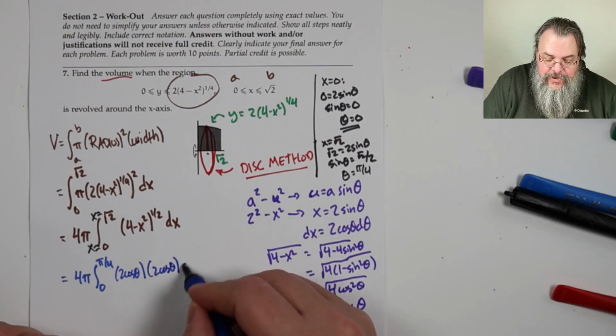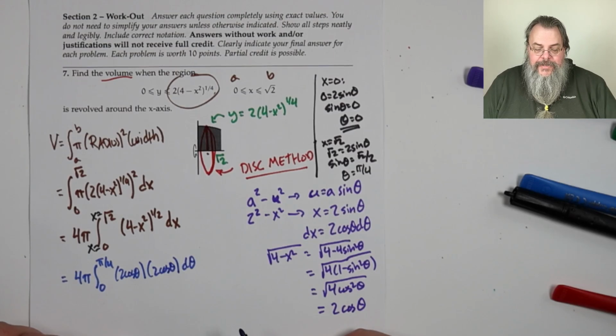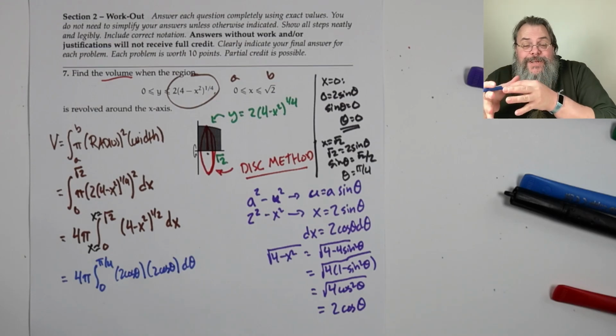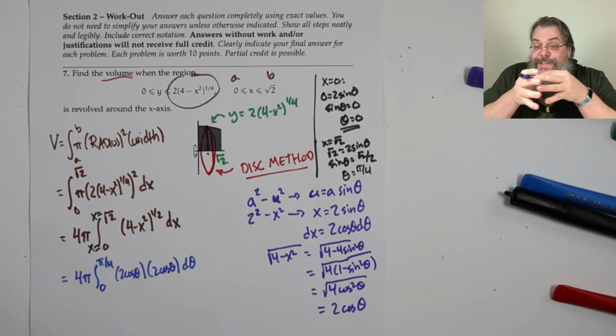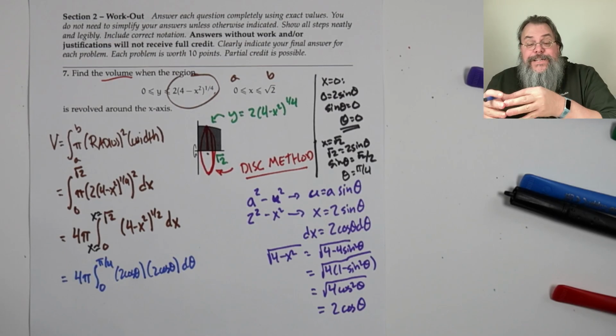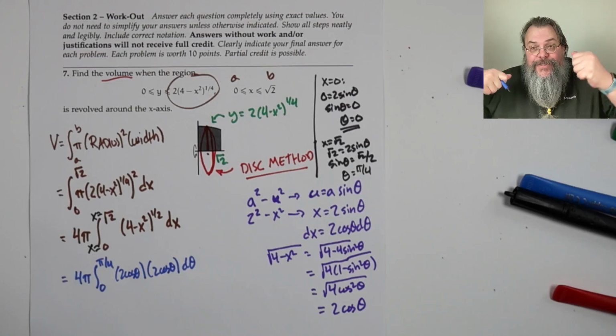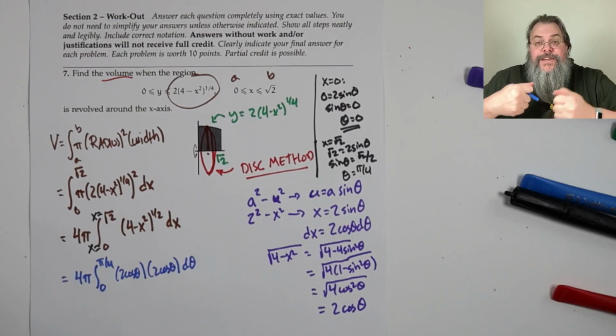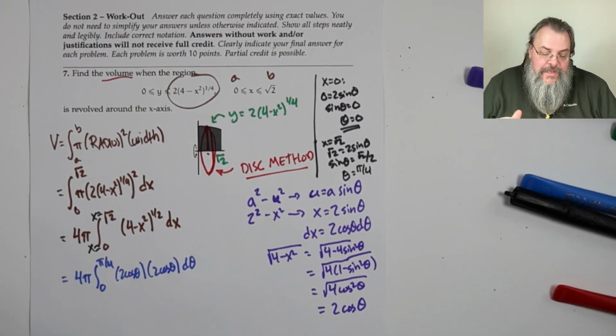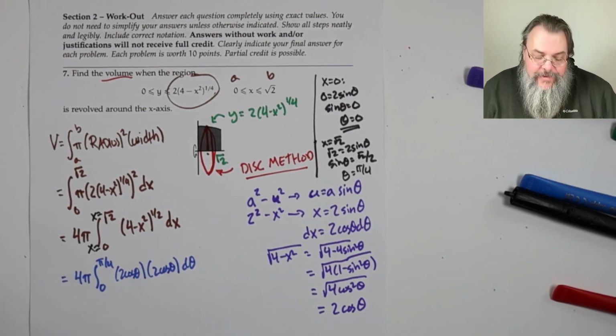They really love that 2 cosine theta. All right, we're in business. We've transformed our algebra into trig. That's the point of view of this trig substitution: let's transform one type of problem into another type of problem, and that lets us make progress.